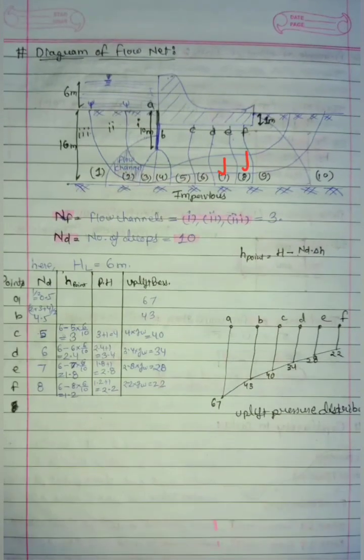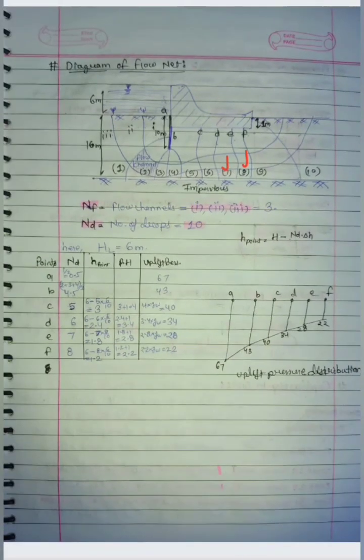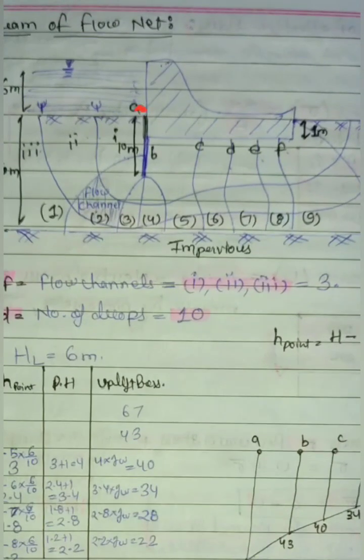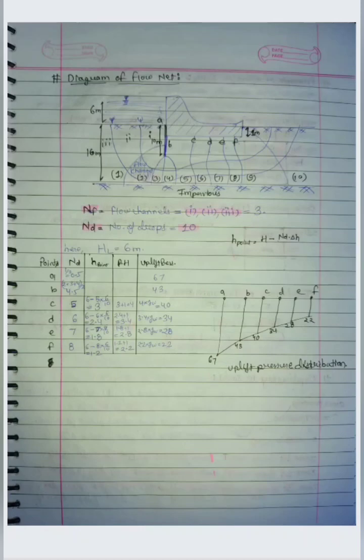The head H is 6 meter, and the head at any point is found by H minus ND into delta H. By finding the head at every point, A, B, C, D, E, F, where A is here, B is here, C here, we can find their values and make a diagram.